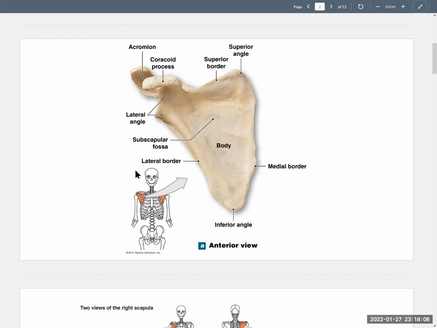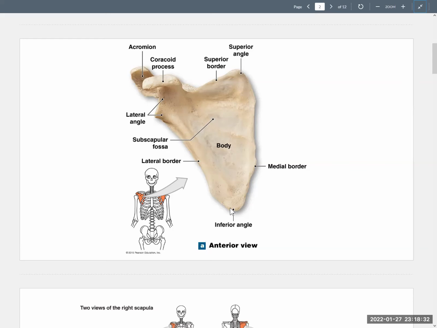This is the anatomical view. The anatomical view means from the front, and we're not looking at this one from the back. At the very bottom of the scapula, that point where you can reach back and it itches sometimes, that's the inferior angle.